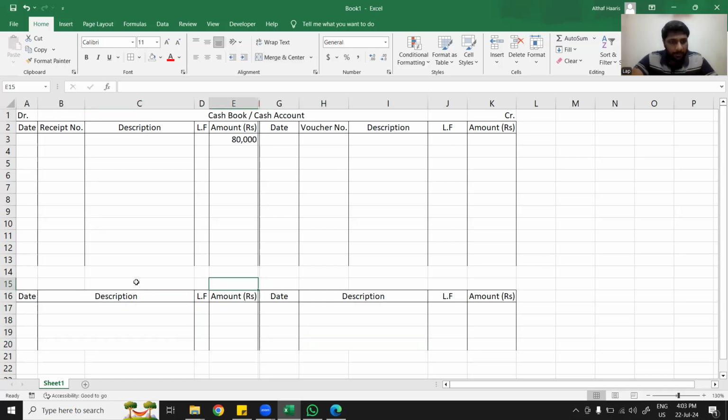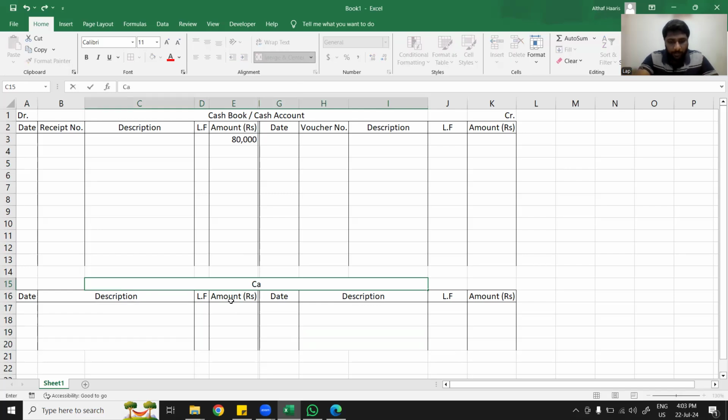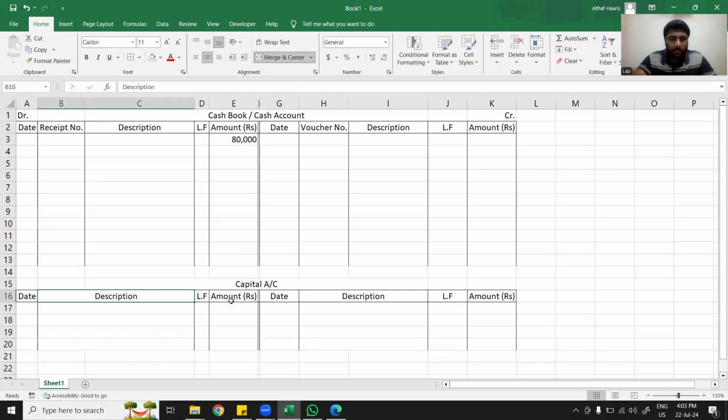Okay, so this is my capital account. So cash account debit, capital account credit, 80,000. Now what should you do, people? Once you write the value, I told you what to do.